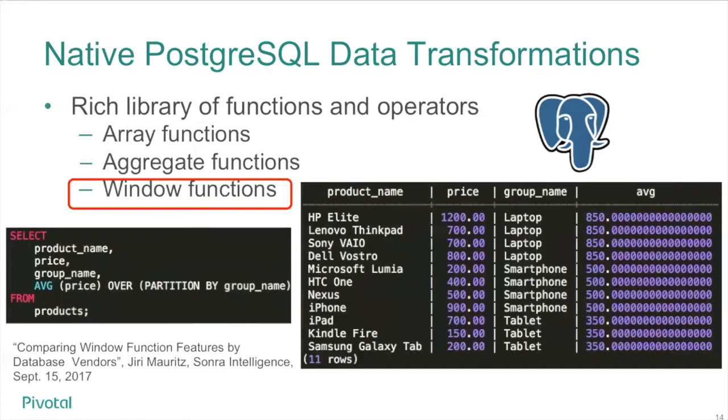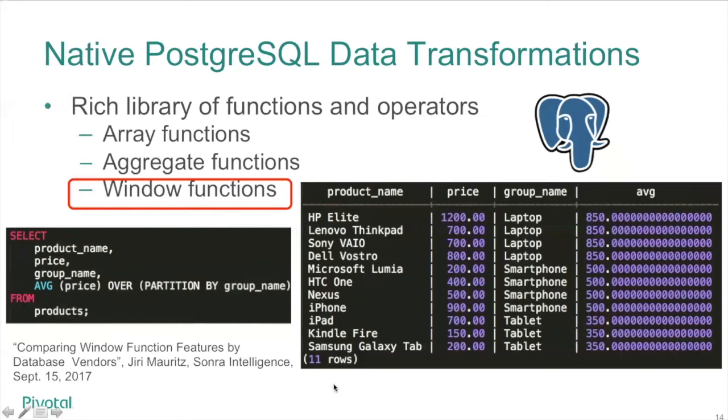So in this window function, what we're computing is the average price over a partition of, in this case, a group name. So either laptop, smartphone, phone, or tablet. So with a very simple select statement, we're able to figure out what the average price is for all of the products in a particular group.